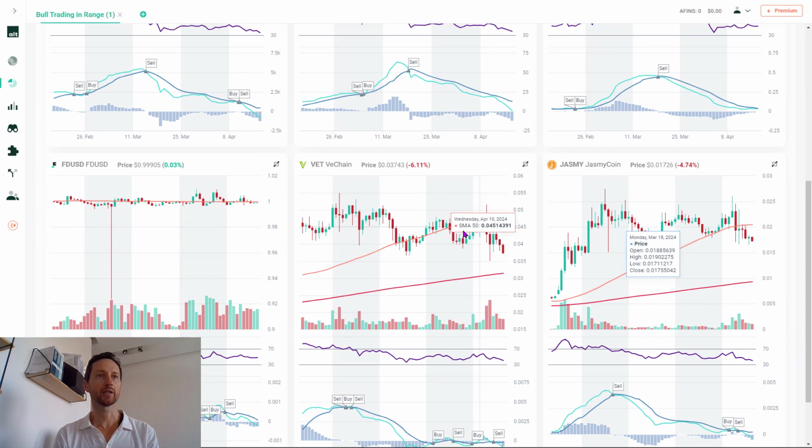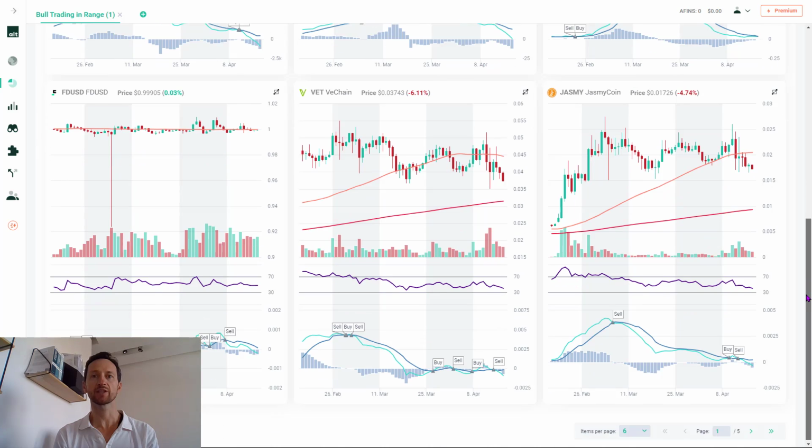Let's see, VeChain, the channel is somewhere between 3.8 cents support and 5 cents resistance. Right here's Jasmy coin. Not familiar with it, but clearly there's support around 1.5 cents and resistance at 2.5 cents. So another potential channel trade setup here as well.